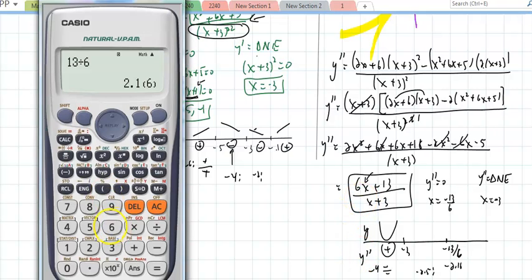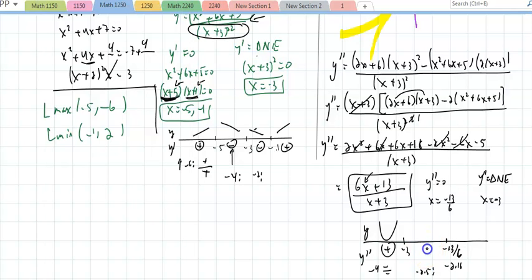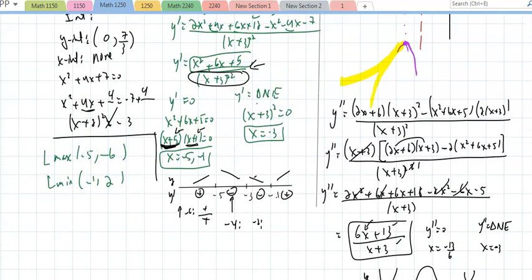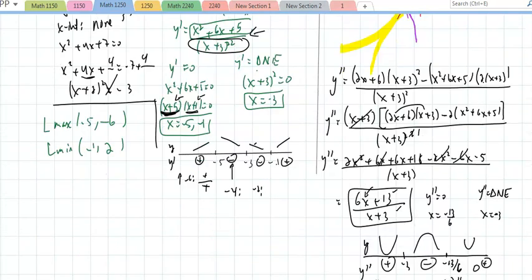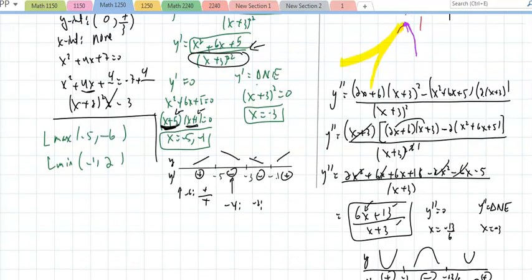I take parentheses 6 times answer plus 13, divided by answer plus 3. Negative, that's all I care about. And to the right, let's say 0, that's 13 over 3, which is positive. So the graph is concaving up from negative infinity to negative 3.